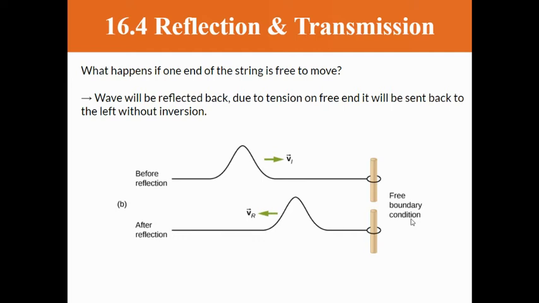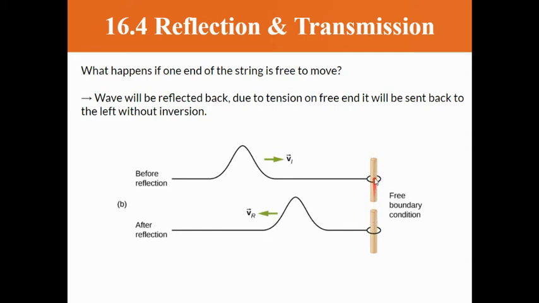So in this case, once the pulse gets to the end where the ring is, the pulse will displace the ring upwards, and in doing so, there'll be tension from where the ring is to the rest of the string, and then the restoring force from the tension will bring the loop back down.